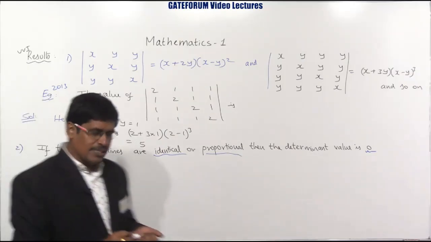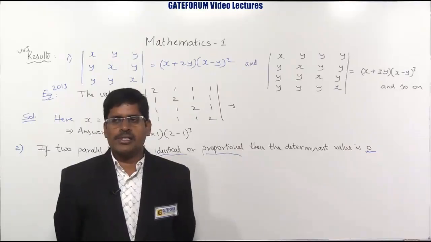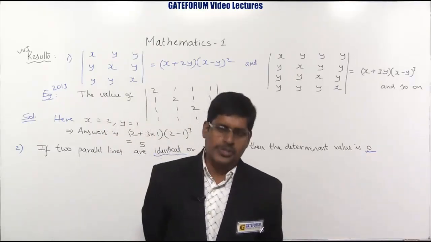What do two parallel lines mean? Either two rows or two columns. When they are the same, identical means same. Proportional means constant multiple proportion.